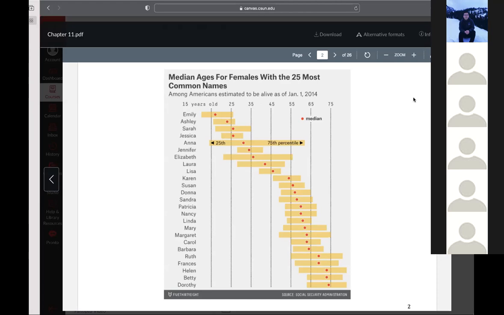Ruth. Yeah, Ruth is up there. So does it seem reasonable that the median age for a Francis or a Ruth or a Dorothy should be like in the 60s and 70s? Yeah. You really don't have many young people. You have some, but not that many, right?